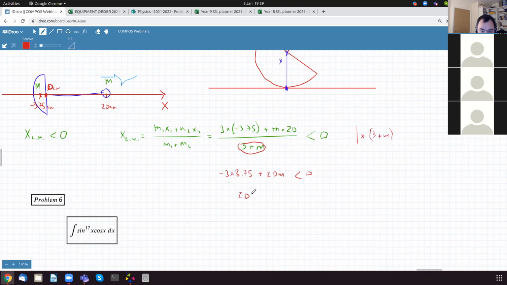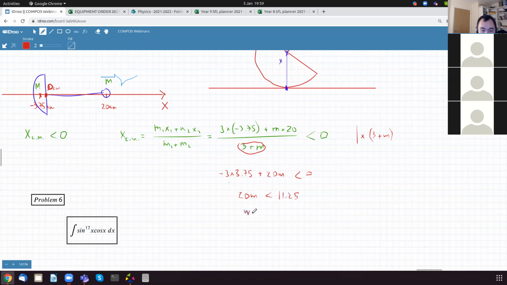So 20m must be less than 3 times 3.75, which is 11.25.